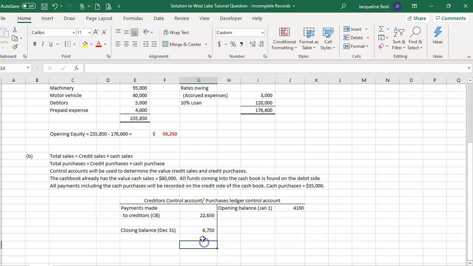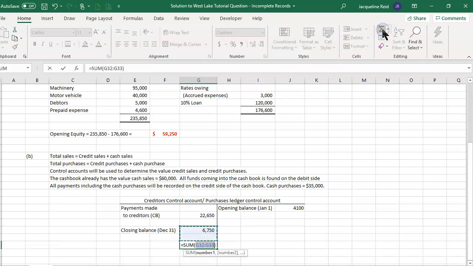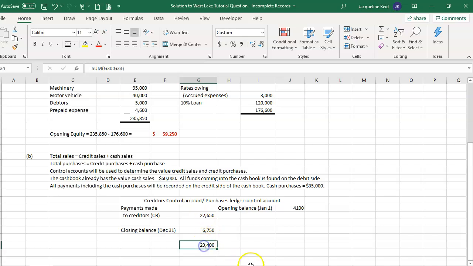The total on our credit side is $29,400. So if we're going to be working out missing figures to get at the credit purchases, it means that the credit side of the control account must also be saying $29,400. But the only entry in there right now is the opening balance figure of $4,100.